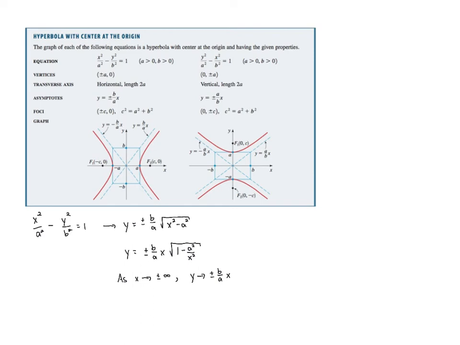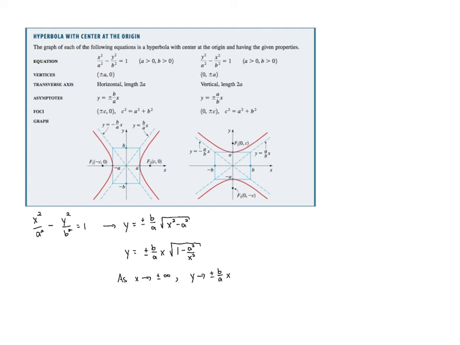So in general, one of the things that we need to do when we're sketching the hyperbolas is we need to sketch the asymptotes, because we're going to want to make sure that our graphs are getting closer and closer to those asymptotes. And so the way that we're going to do that is by plotting the vertices, which are at plus or minus a comma 0, or in the other orientation, 0 comma plus or minus a.